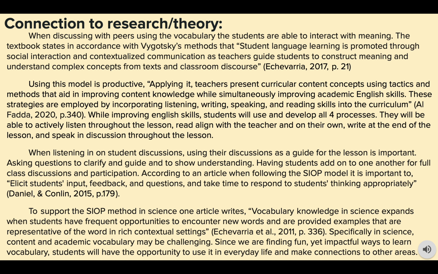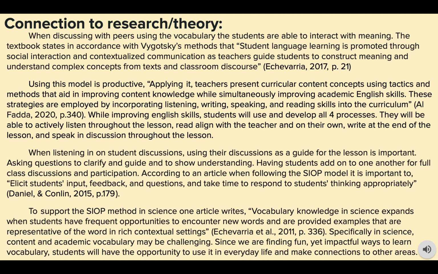For example, one quote suggests that eliciting students' input, feedback, and questions should really be taken into consideration for students to think appropriately. To support this model in science, one article suggests that vocabulary knowledge in science expands when students have multiple opportunities to encounter these words and are provided examples that represent the word in rich contextual settings.